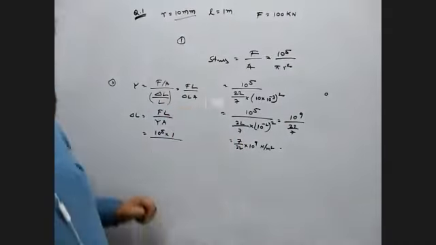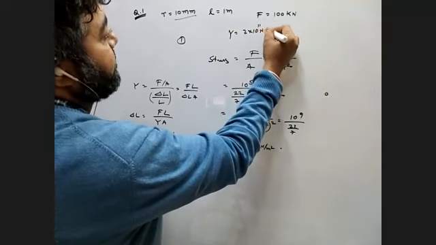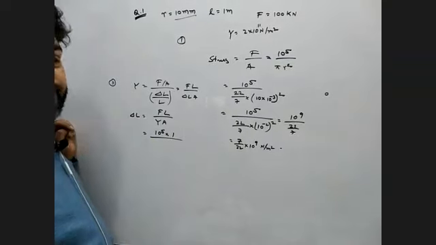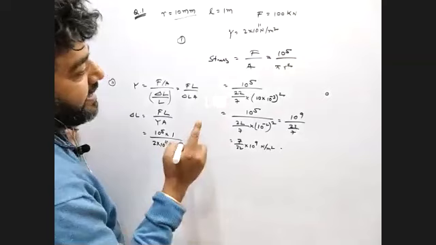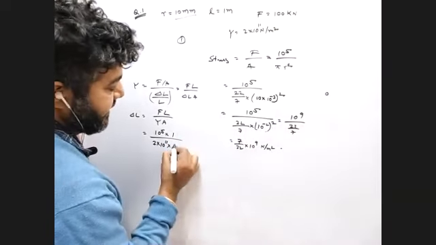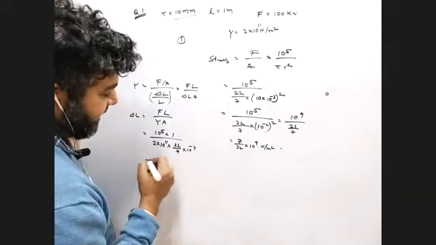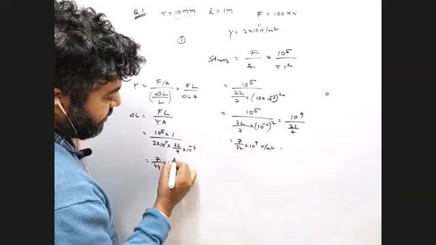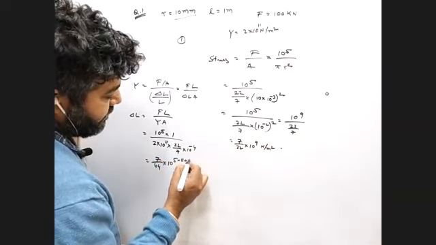Young's modulus of the steel, which I missed out, is 2 into 10 to the power 11 Newton per meter square. So Young's modulus is 2 into 10 to the power 11, and area we can use directly, 22 by 7 into 10 to the power minus 4. So what we have, 7/44 into 10 to the power 5 minus 11 plus 4.